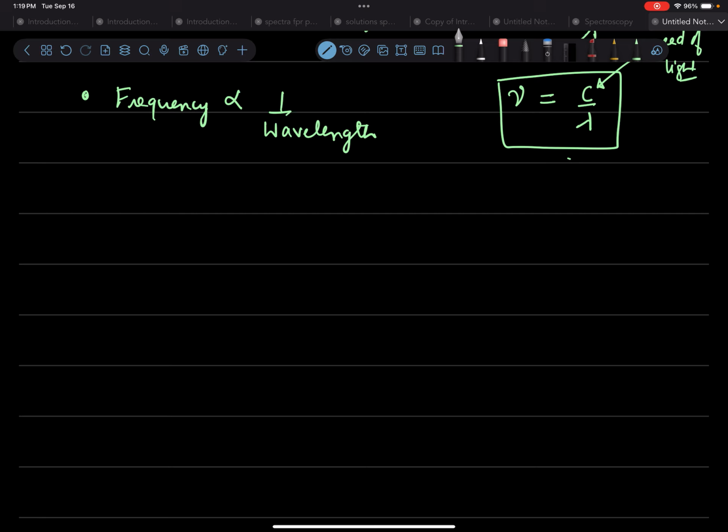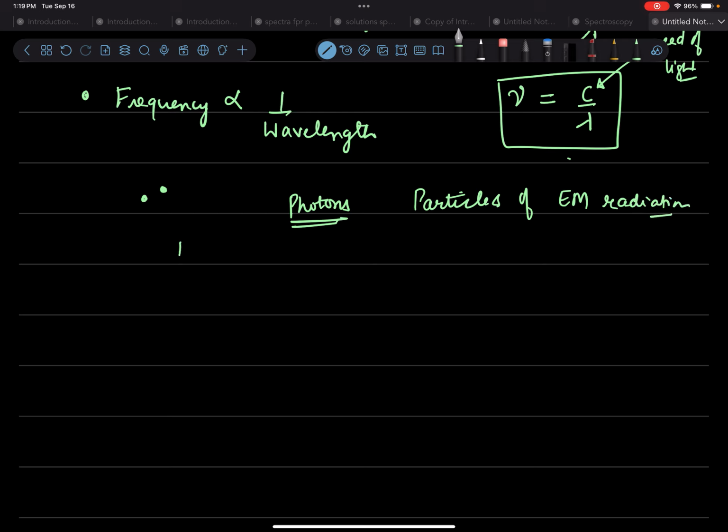Fine. The other thing which I want to tell you along with this is that I told you that light has dual character. By duality we mean that it also consists of particles. The particles of the light wave, or electromagnetic radiation, are called photons.